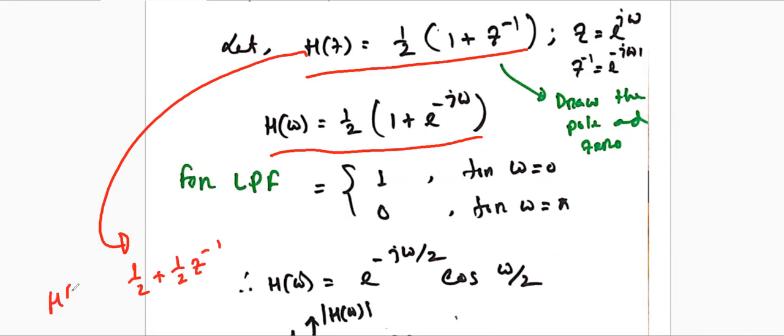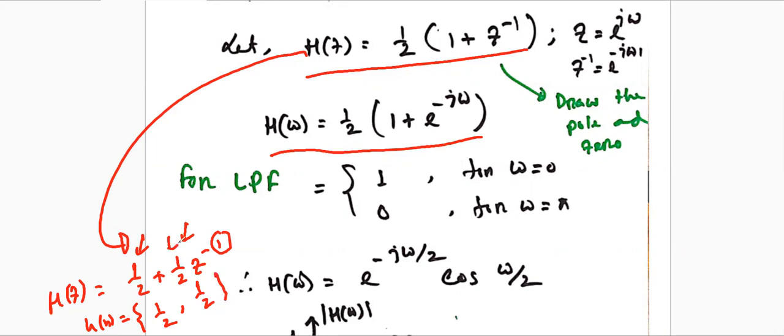This is your H(z). From this notation, we can write our h[n] is nothing but half at the location of 0, and half at the location of +1, z to the power -1. So at the location of +1, what is the amplitude?